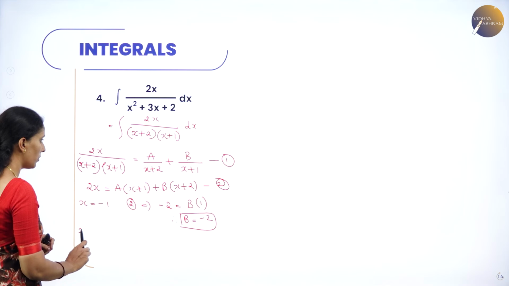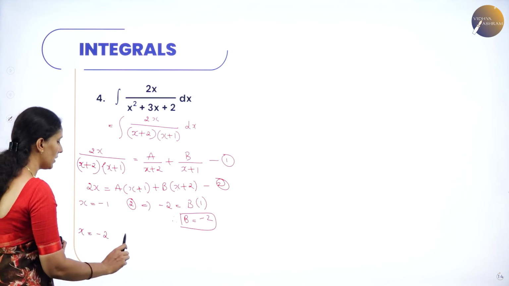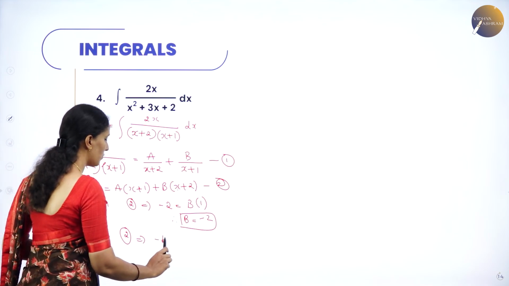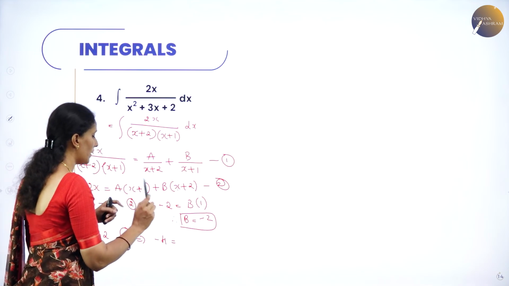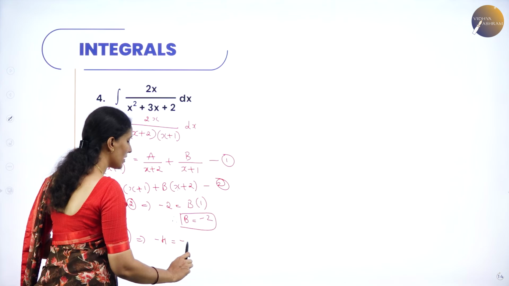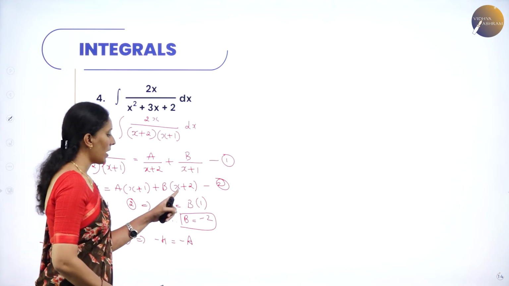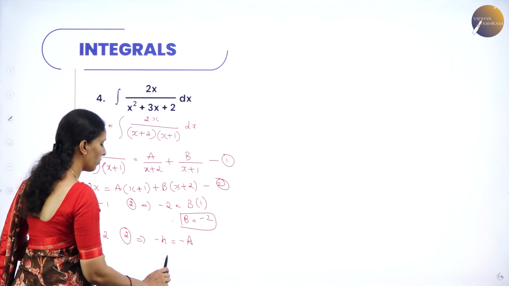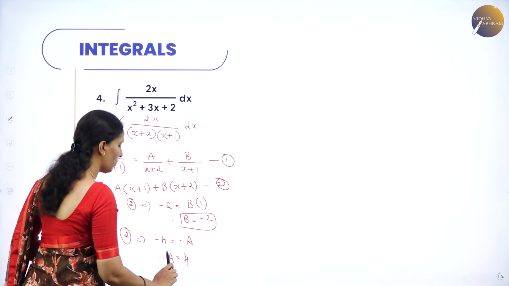Now similarly, if you put x is equal to minus 2, then equation 2 implies minus 2 into 2 is minus 4, and minus 2 plus 1 is minus 1, so a becomes minus a. Minus 2 plus 2 cancels, so therefore the second term is absent. So therefore we can take the value of a is equal to 4.